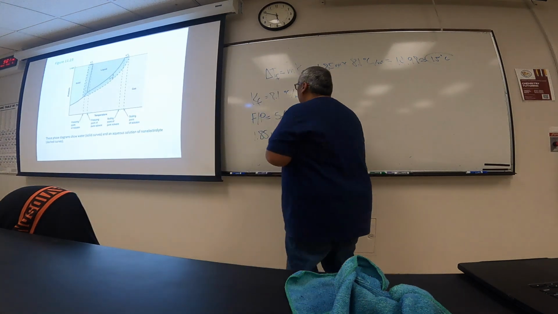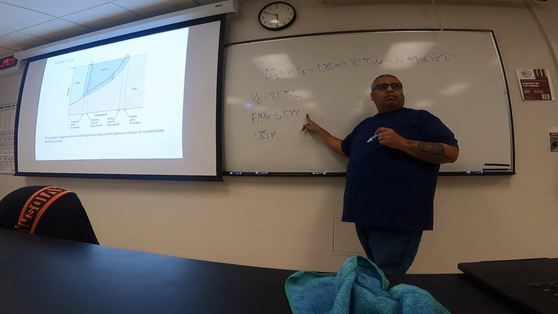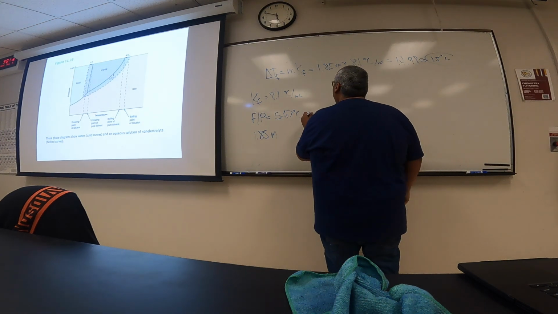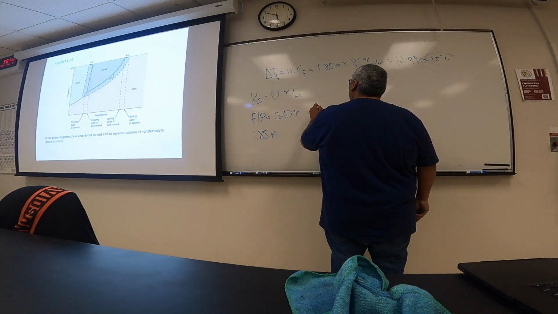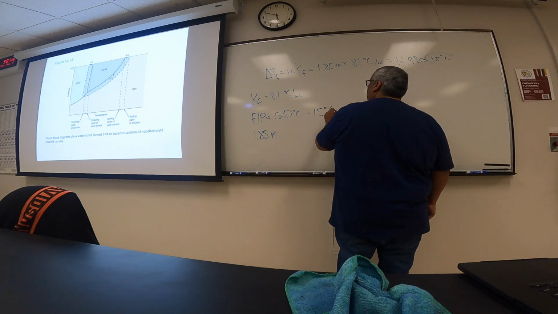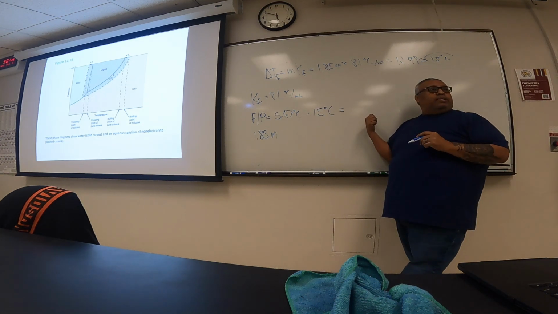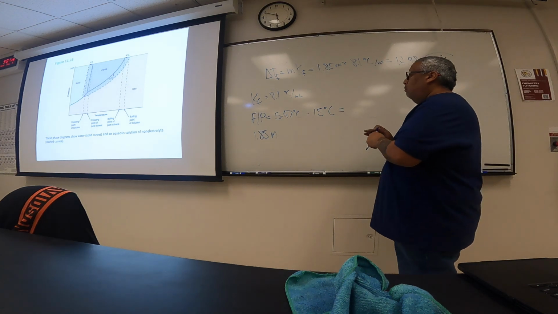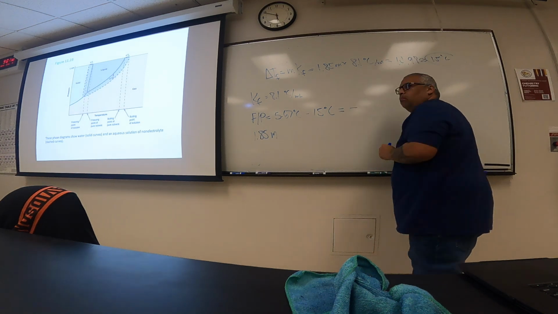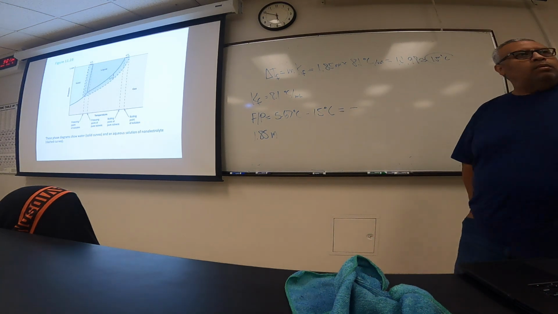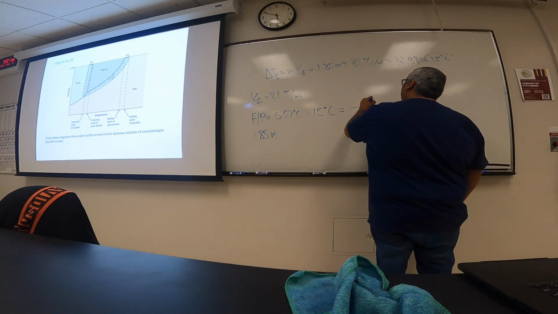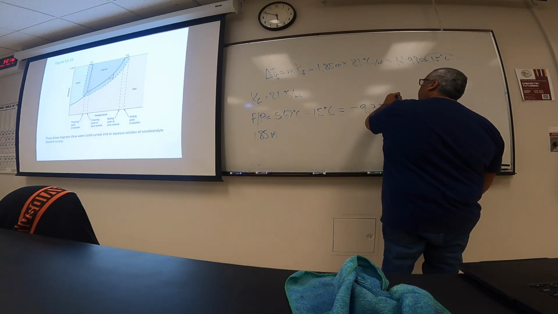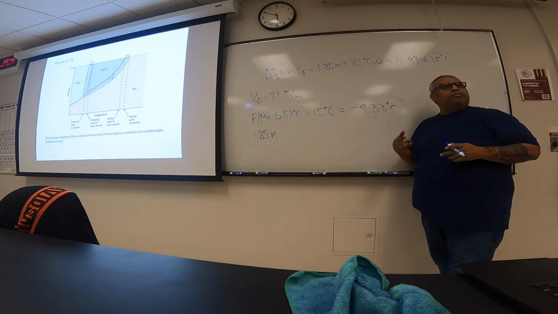So are we going to add it or subtract it? Right, we're going to subtract it. So we're going to go minus 15 degrees Celsius. So what's the new freezing point temperature now? So negative 9.33 degrees Celsius is our new freezing point.